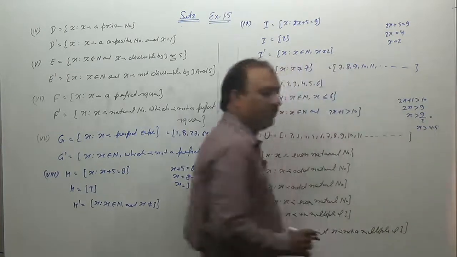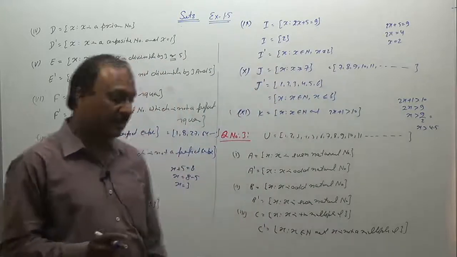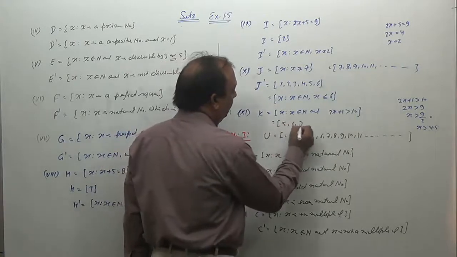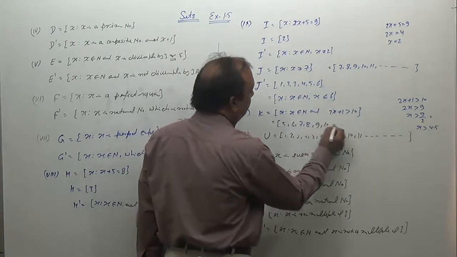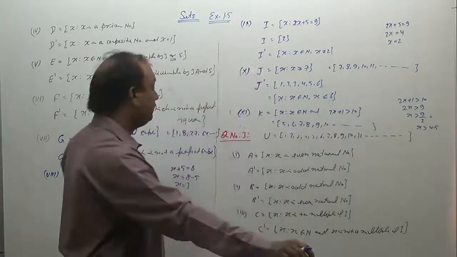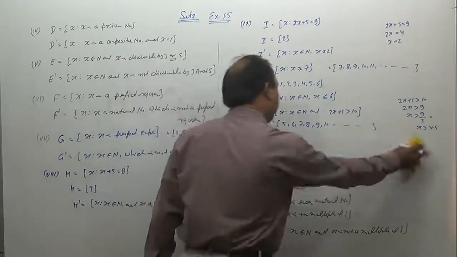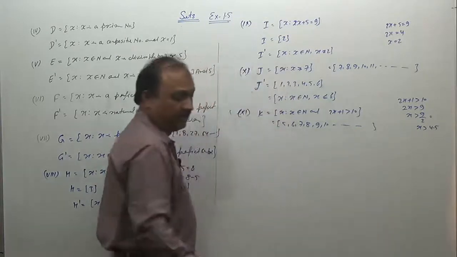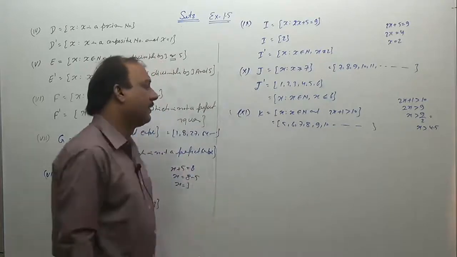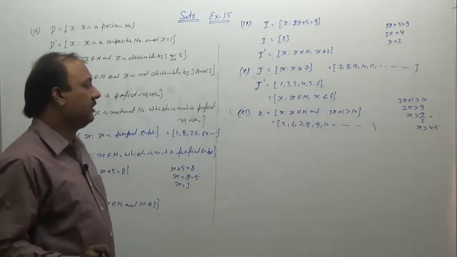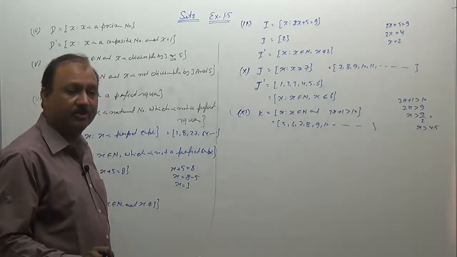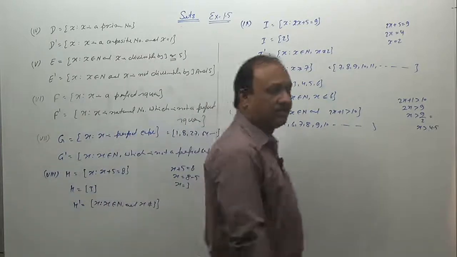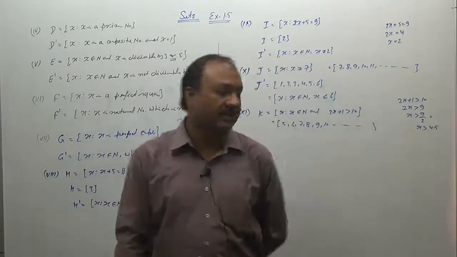But we know that 4.5 is not a natural number, but this set contains 5, 6, 7, 8, 9, 10 and so on. So once again, there is a set denoted by K, containing the elements which are natural numbers and more than 9 by 2. 9 by 2 means 4.5. But 4.5 से जो greater natural numbers होंगे वो होंगे 5, 6, 7, 8, 9 and so on.